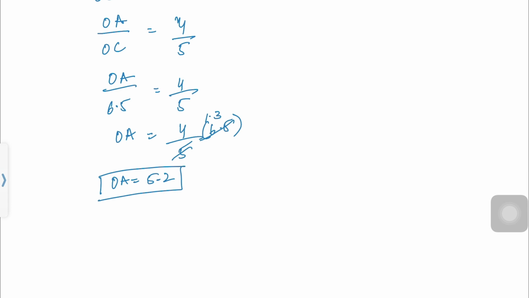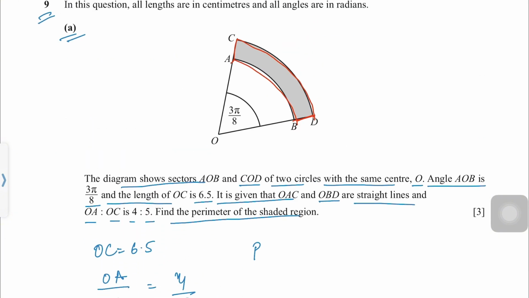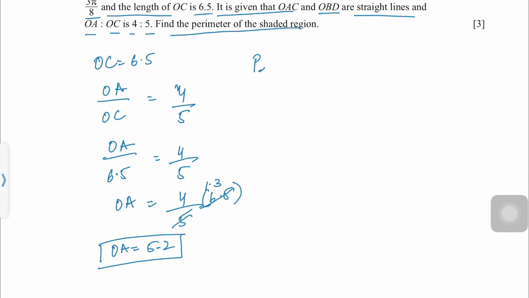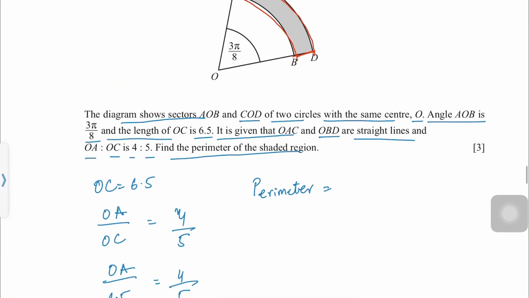Our OA is 5.2. Now we need the perimeter of the shaded region. We have already seen that we need AC, BD, AB and CD. So for the perimeter, we need CD plus AB plus BD plus AC.